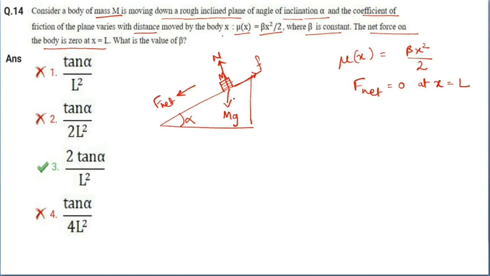Then there are two components of mg: one is mg sin alpha and the other is mg cos alpha. If this is alpha, then this is also alpha. All these forces are acting on this body of mass m.